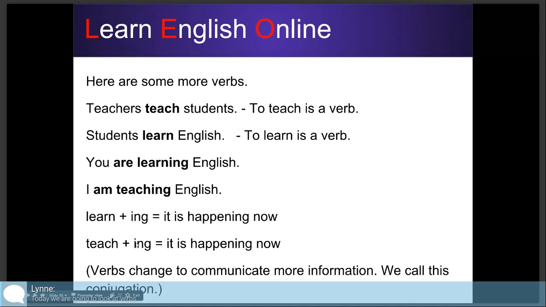Teach plus ing. It's happening now. Okay, verbs change to communicate more information. We call this conjugation, conjugating a verb. The verb's been conjugated, and more than one verb has been conjugated here. Let's look at how this verb is helping this verb.